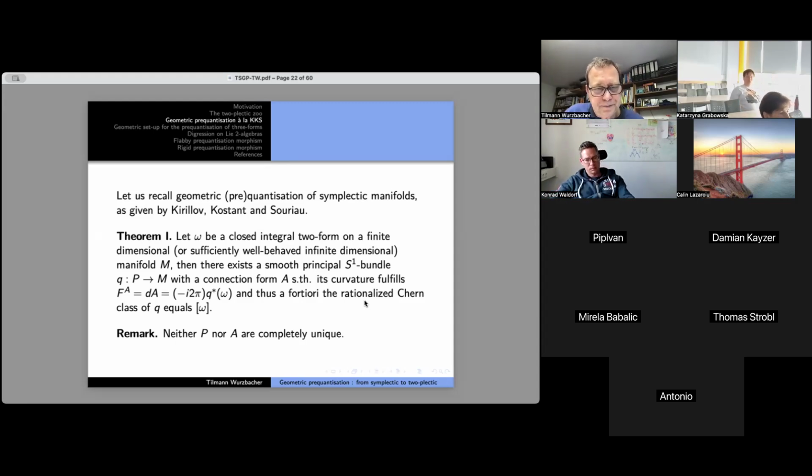And P is not unique because you can tensor P by a torsion bundle, by an S1 bundle such that a certain power of the bundle is trivializable. So this is exactly the point with this rationalized Chern class, because you don't see the torsion.